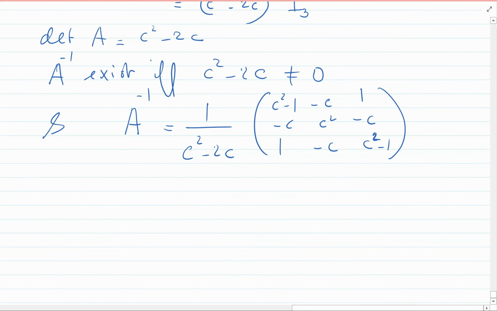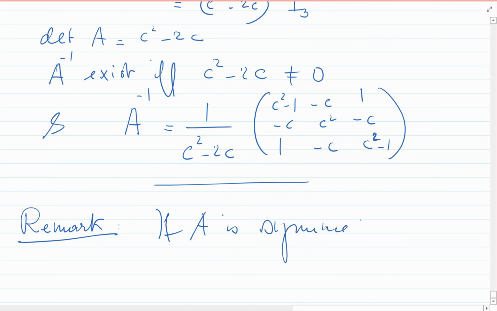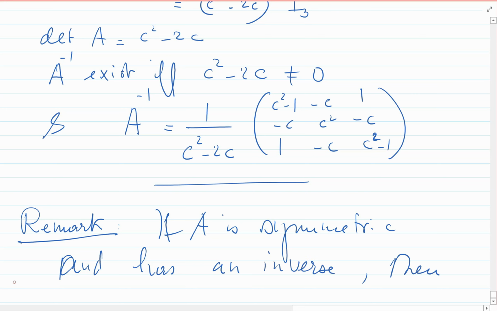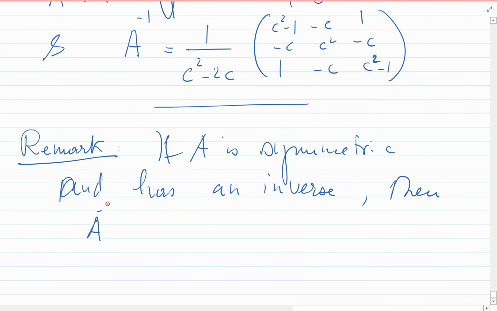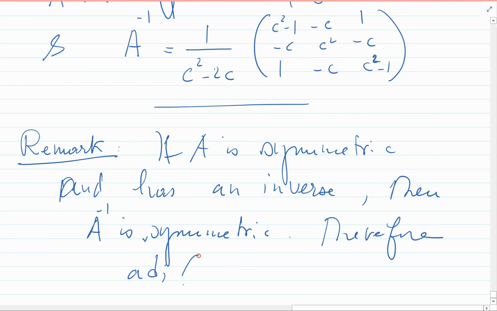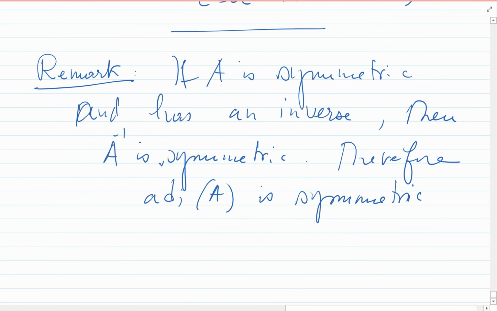Just before I close this, I want to make a remark. If A is symmetric and has an inverse, then A inverse is symmetric, which will give us that the adjoint of A is symmetric, and therefore the cofactor matrix is symmetric.